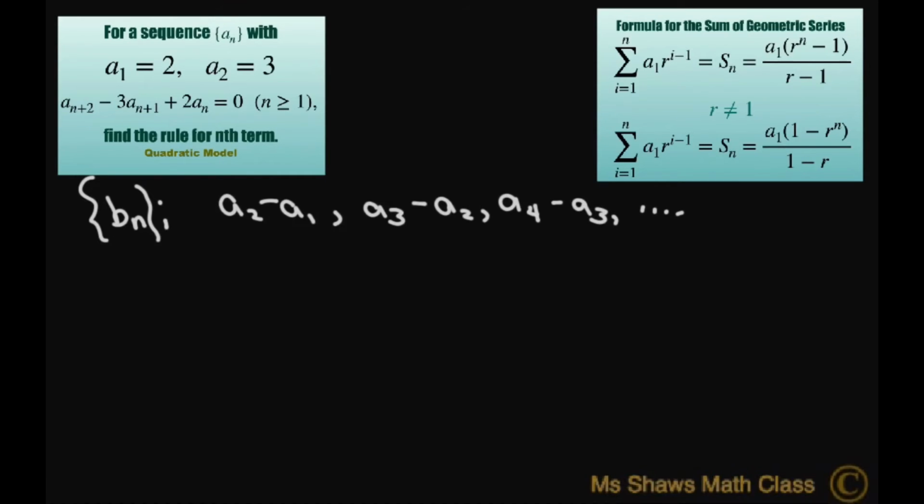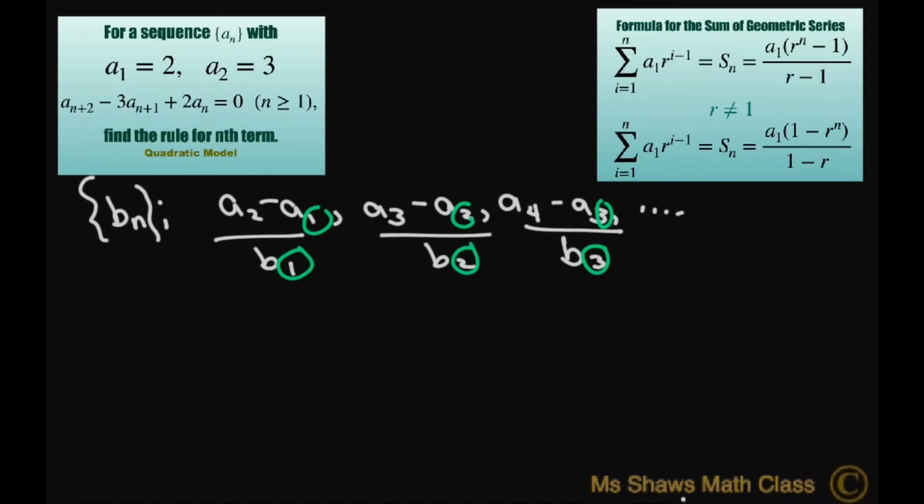All right. So this would be b sub 1, b sub 2, b sub 3. And these match up. So these 3's match up here, and the 2's match up, and the 1's match up.